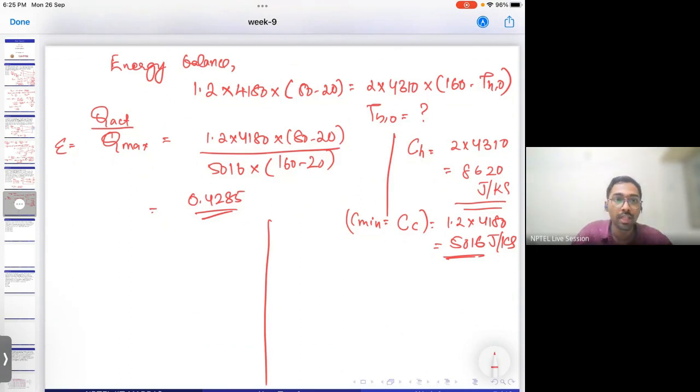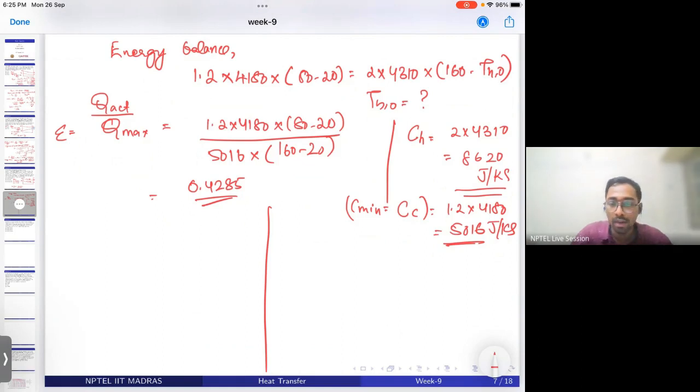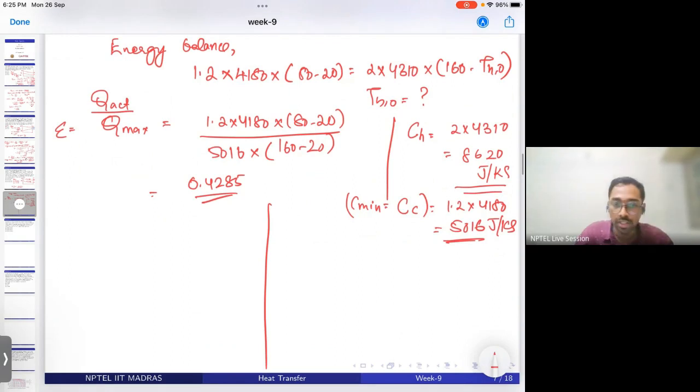Now we have the equation for NTU for parallel and counterflow heat exchangers. I already told you, we can refer to any textbook for the relation between NTU and effectiveness for parallel flow and counterflow heat exchangers. I am directly writing this out: NTU is equal to 1 by CR minus 1 ln of (epsilon minus 1) divided by (epsilon CR minus 1).